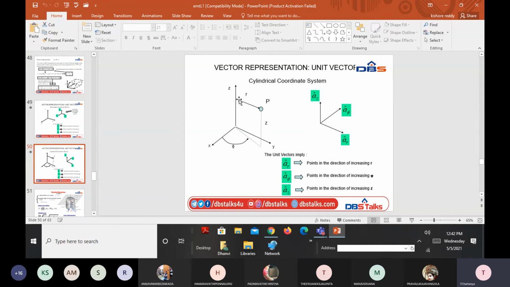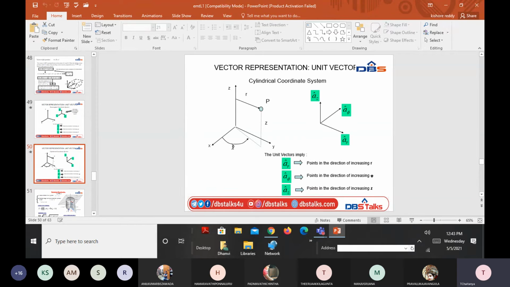The same radius can be seen in the mirror image below. When you draw the radius in the xy plane, you will find the angle the radius makes with respect to the x-axis. That angle is the azimuthal angle.